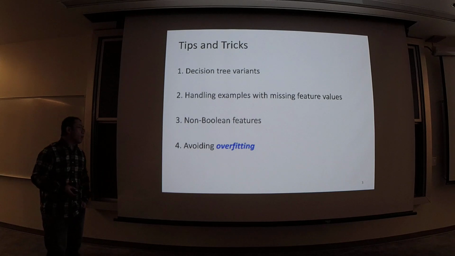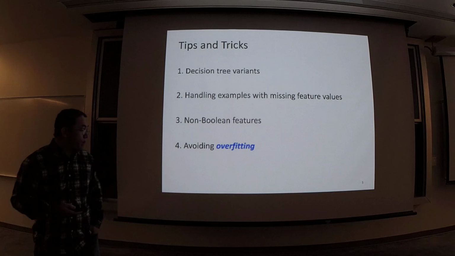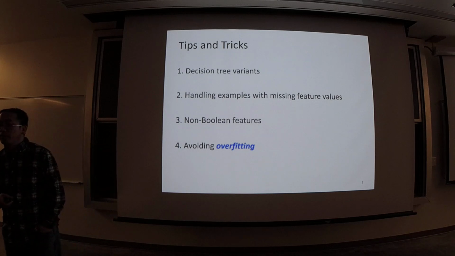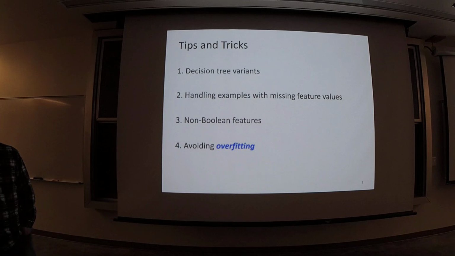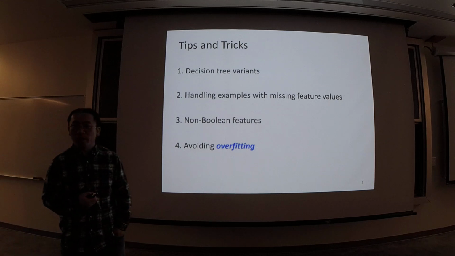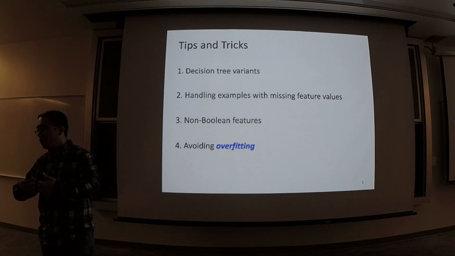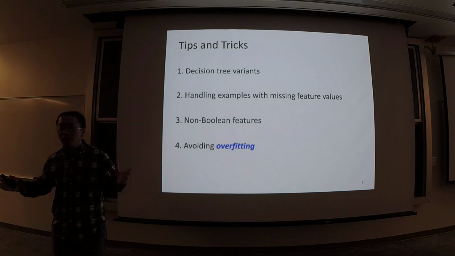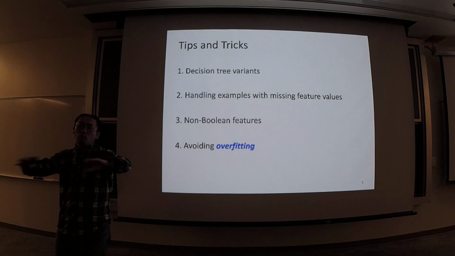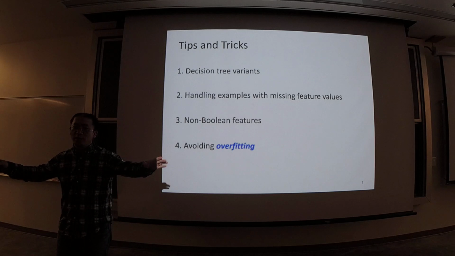And then we'll talk about non-binary features. What if you have a discrete feature that can take 1,000 values? That means if you use that feature to split your data set, you're going to add 1,000 branches to the tree. That's too wide, the tree is too large.